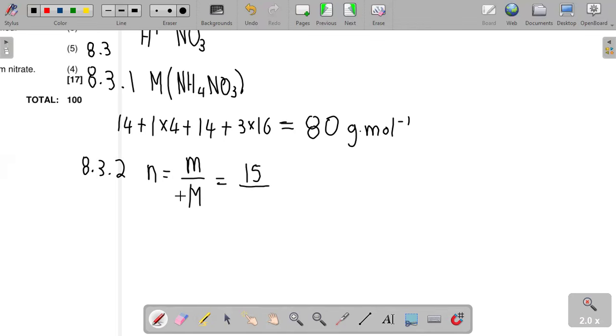And then the capital M is the one that we found here. It's the one that we got from the periodic table. See it? So it's 15 over 80. Then you use your calculator, you get 0.19 mole.